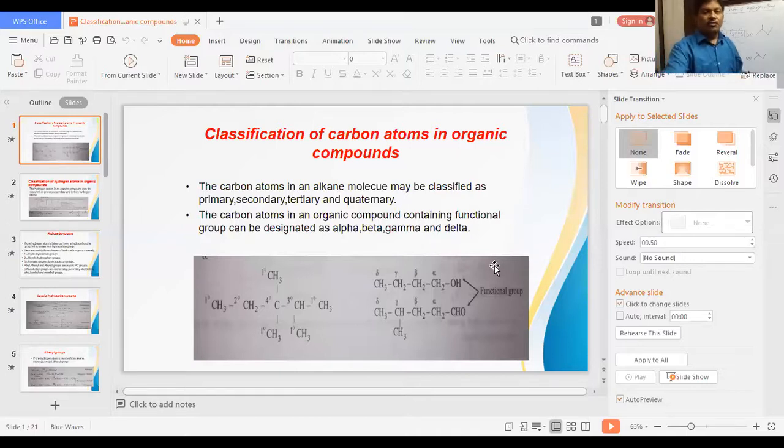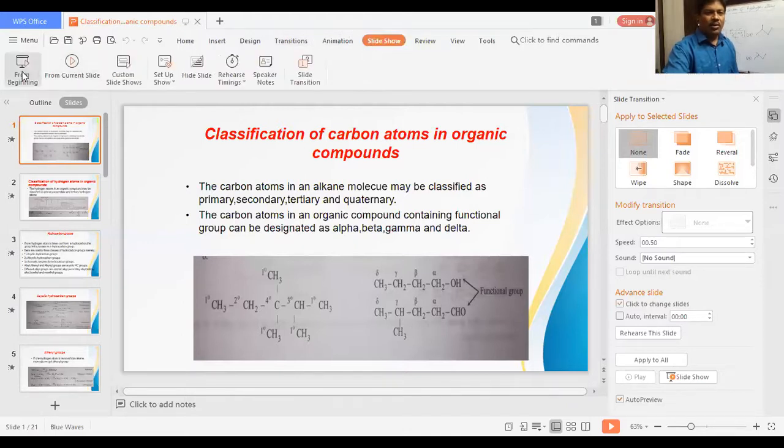So the carbon atom which bears the functional group is taken as the alpha carbon atom. And the carbon which is directly attached to the alpha carbon must be taken as the beta carbon atom. So alpha carbon atom, beta carbon atom, gamma carbon atom, and delta carbon atom.